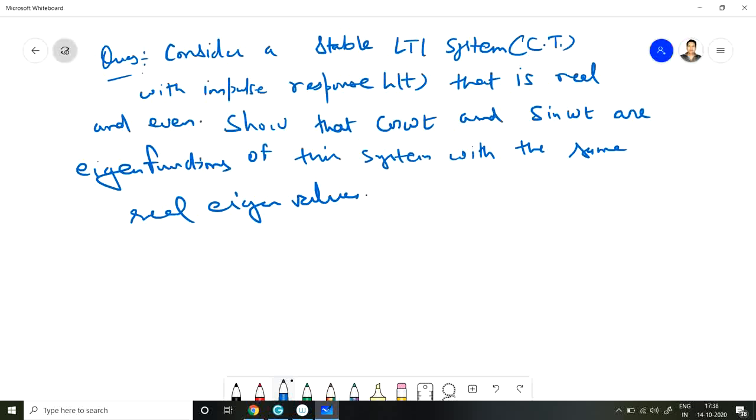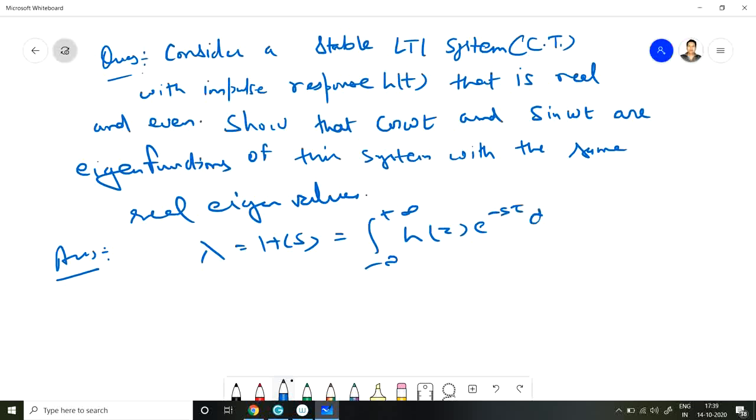So let us do this problem. Basically the eigenvalue is related with the system transfer function, that is lambda equals hs, equals the integral from minus infinity to plus infinity of h tau e raised to the power minus s tau d tau.